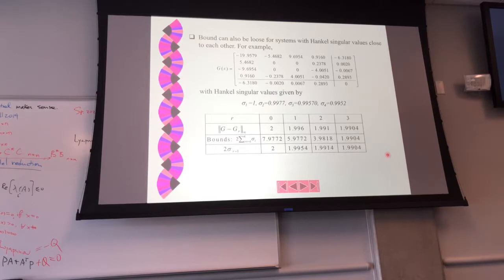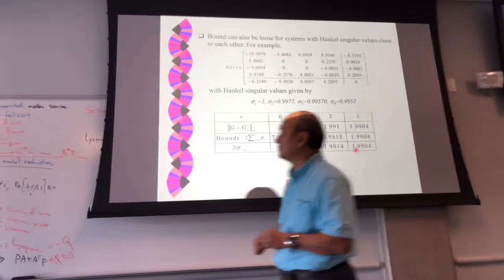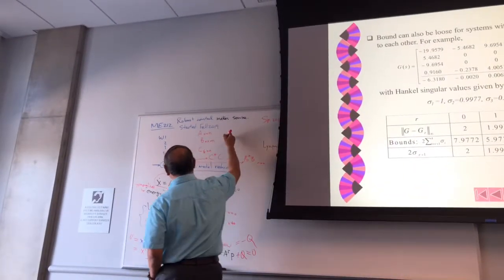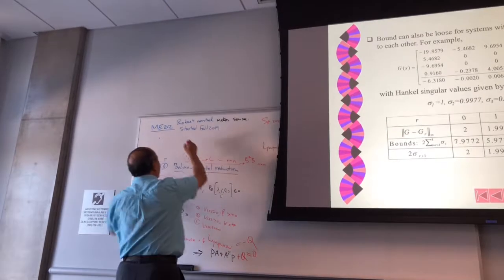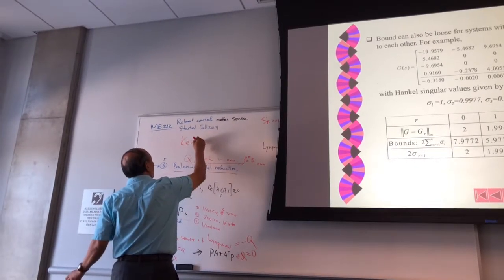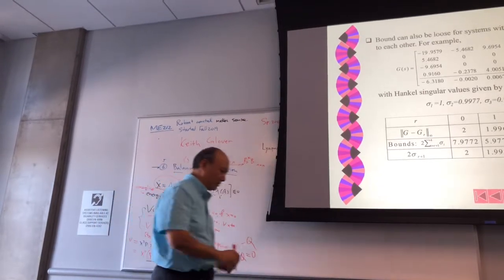There was a paper in the International Journal of Control, IJC, called Hankel norm, written by Keith Glover.